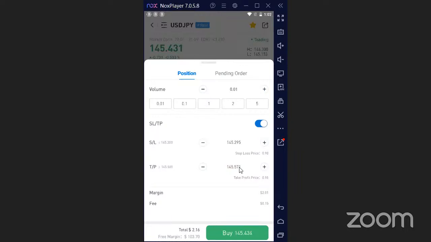We are placing an order for buy, not sell. So we want to buy now. We want to buy, so we are buying. Click on the buy and this box will pop up. Now enter this SL that I've entered.